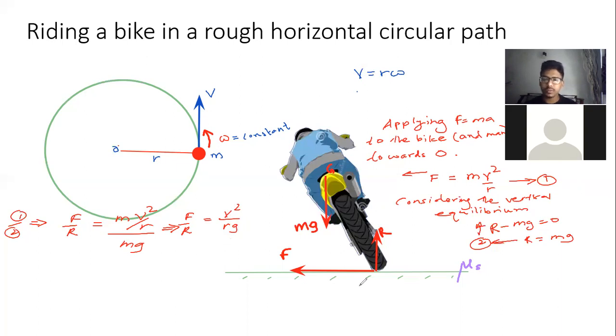And we know a fact about this. Or else I can start from the very basic thing, not from F over R, but from F. F is always less than or equal to Fs, where Fs is the static friction. Do you have any idea about Fs?